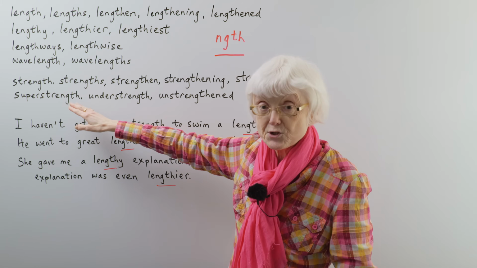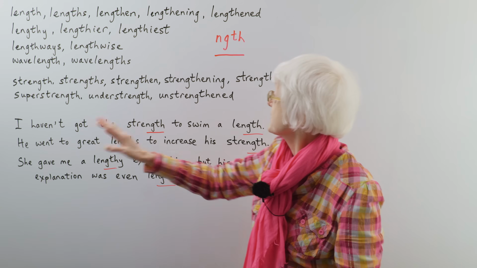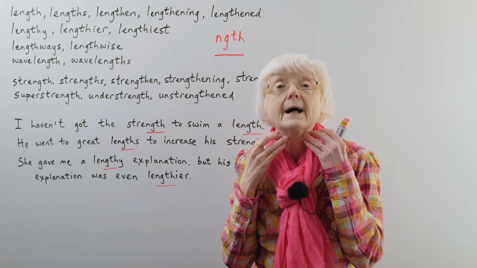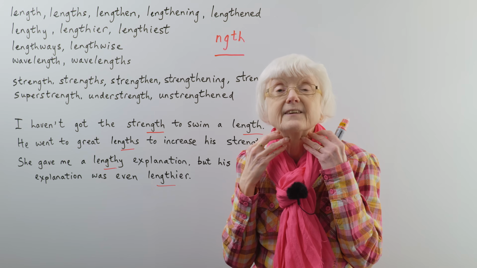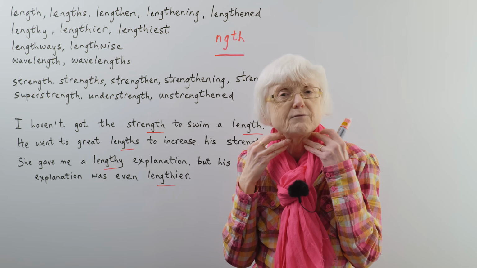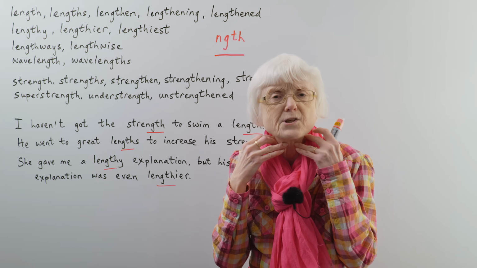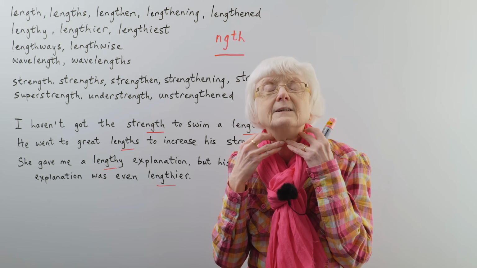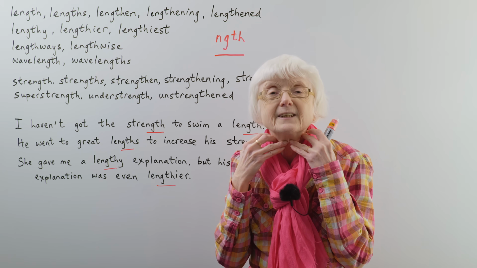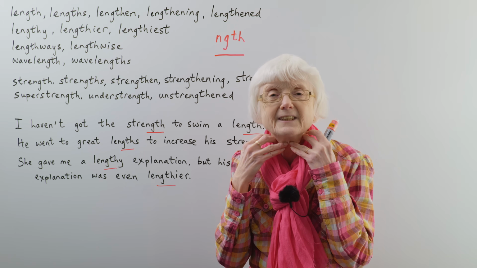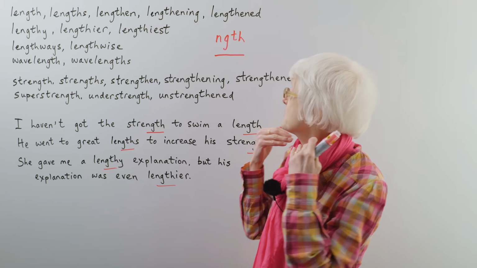Now let's do the strength words. So let's just recap again. Ngth, ngth. So you have to do something in your throat here. You have to do something with the muscles to get right down in your throat.